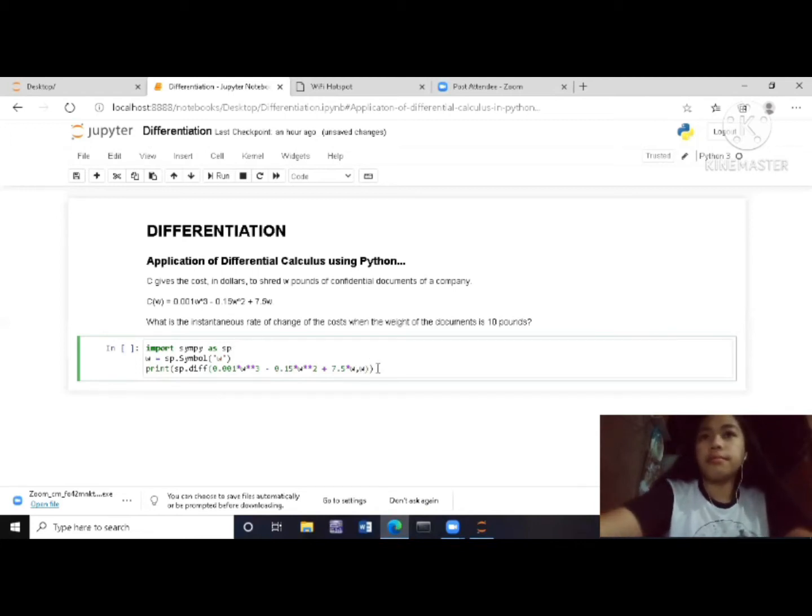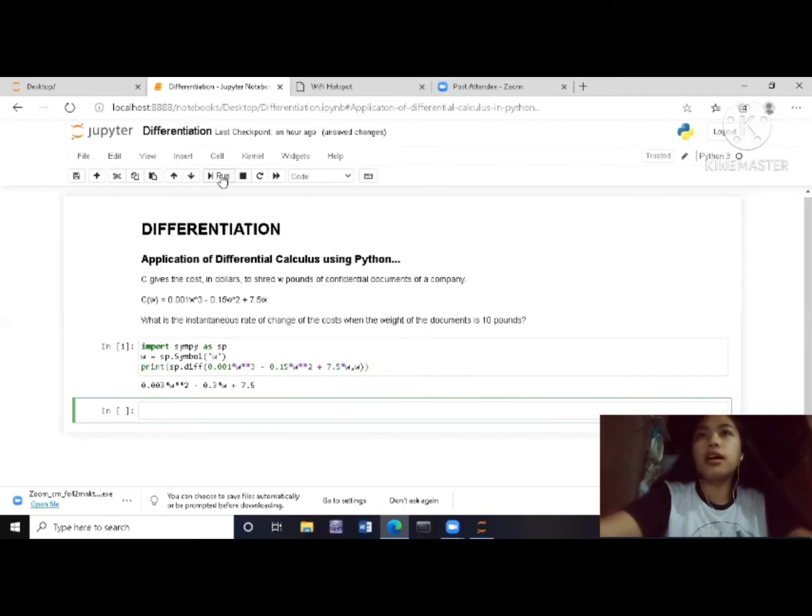Yan. Print natin. Run. Hintay lang. Yan. Ito na yung derivative ng function. Next is, hanapin na natin yung sa condition na kung 10 pounds daw yung weight ng document.